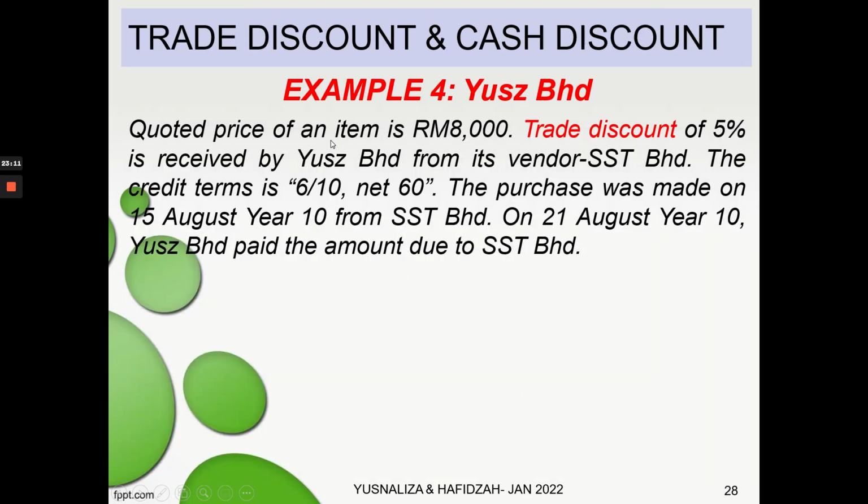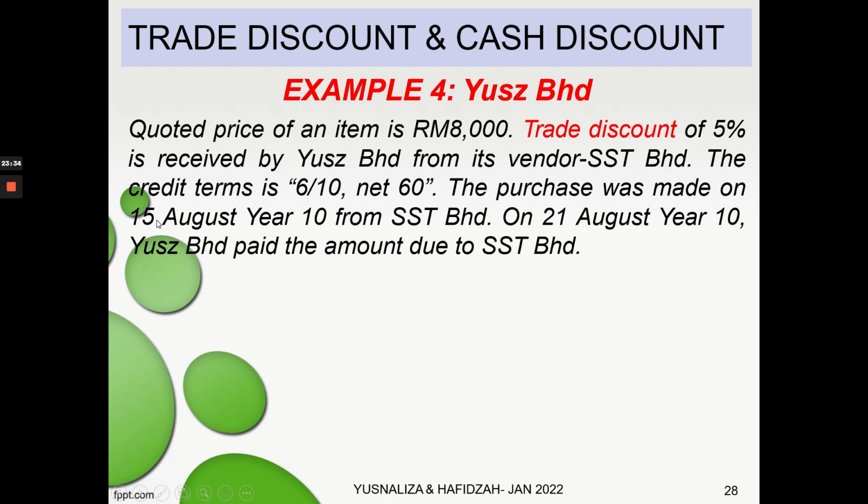Example 4 is about Used Bhd. Quoted price of the item is 8,000. You have the trade discount of 5%, which is received by Used Bhd from its vendor SST. The credit term is 6/10 net 60, meaning that if you pay within 10 days, you get the 6% discount, but you must pay within 60 days.